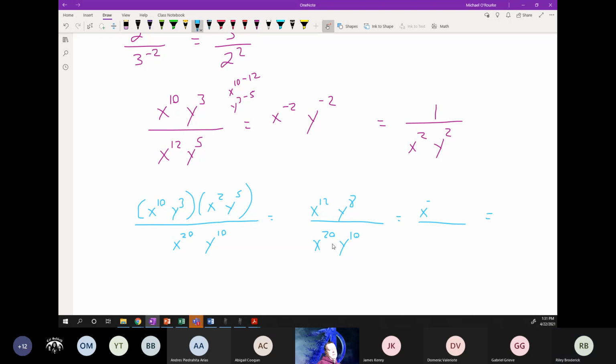No, remember it's minusing. Oh, sorry. So then that would be 12 minus 20. What would that be? -8? Yep, and then 8 minus 10, which is -2. Good. And then you flip them. So it would be 1 over x8 and then y2.